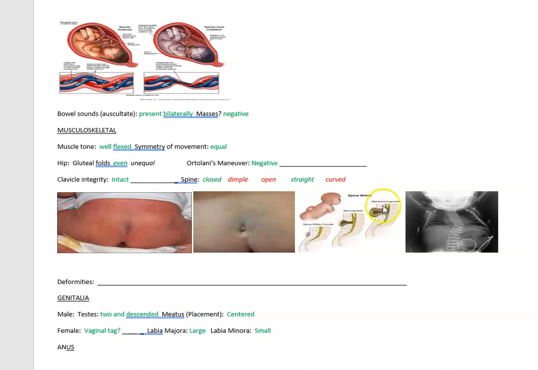But what's very upsetting is a myelomeningocele, and you can see it here, is where we have bulging of the nerves coming out of the back, which obviously can cause neurologic damage. This is a baby's spine that has congenital scoliosis, and we don't want that. We want to make sure that our baby's back is straight.